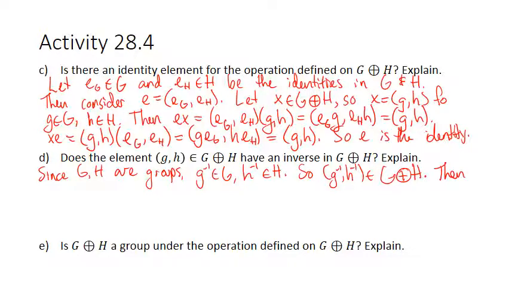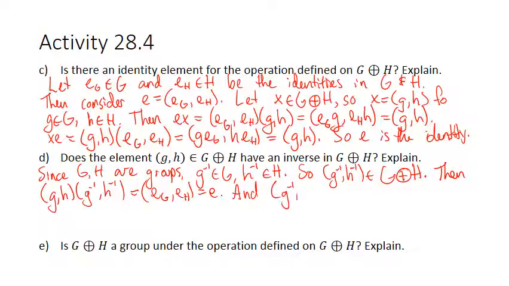Then if we multiply these together, (g, h) times (g inverse, h inverse), we're going to get (e_G, e_H), which is the identity for the external direct product. And also, if we do it in the other order, we'll still get the identities. And that is our inverse element for the external direct product.